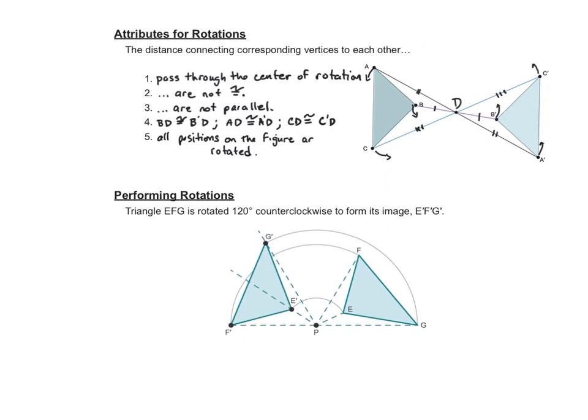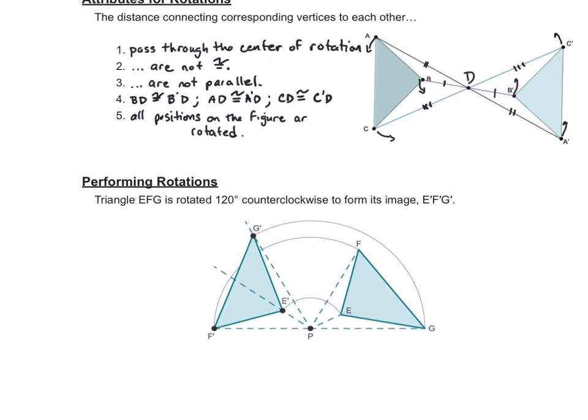Now, performing rotations: we have triangle EFG rotated 120 degrees clockwise from its image, and we're going to get E prime, F prime, G prime. What they're saying is, as I travel from E to E prime, this rotation is going to be 120 degrees.